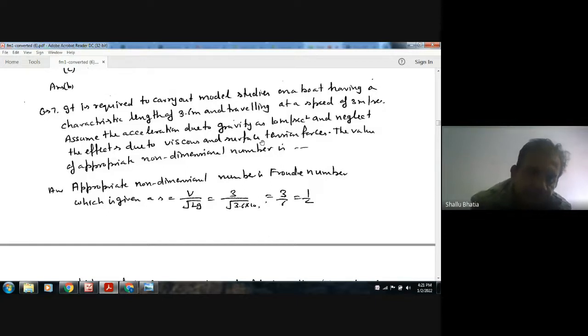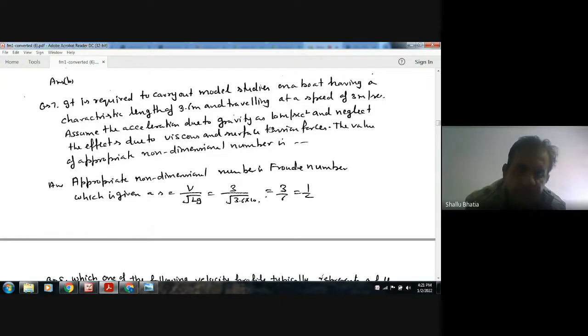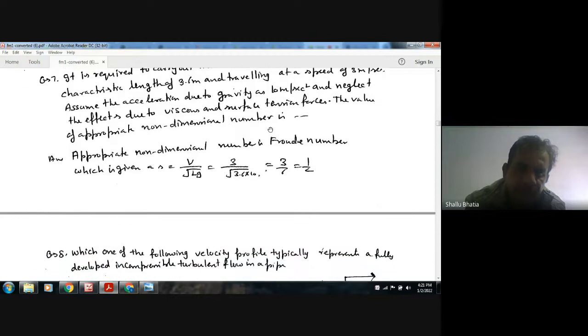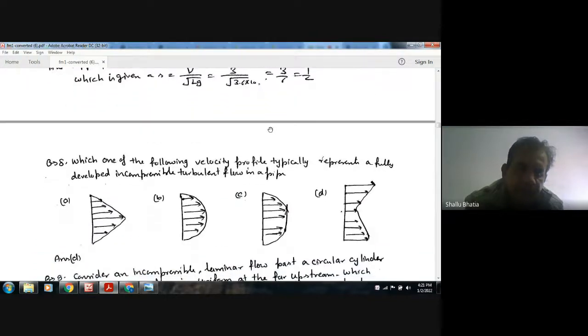So here the characteristic length is 3.6 meter and velocity is 3 meter per second. Okay. The acceleration due to gravity is 10, so the characteristic number will be the Froude number, which is V by square root of gL. So V is your 3 and L is your 3.6, g is 10, so it is 0.5.